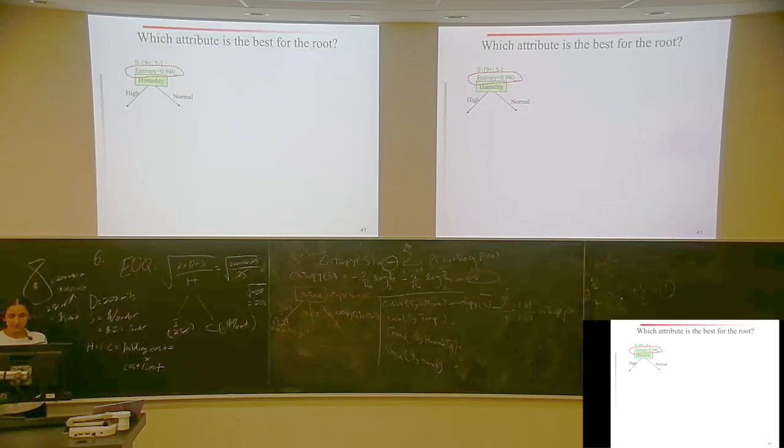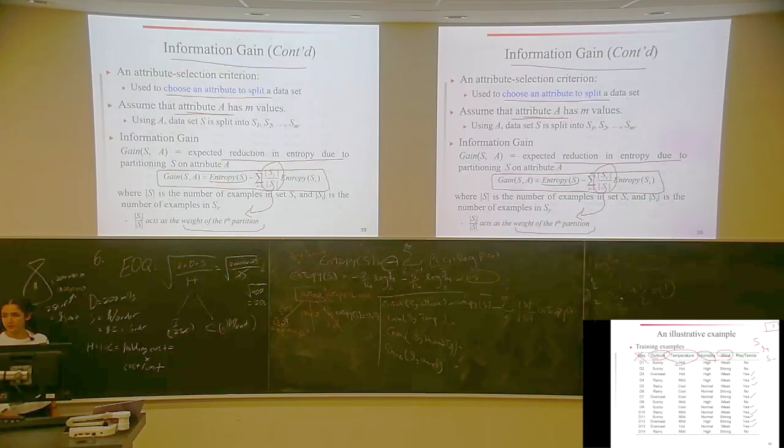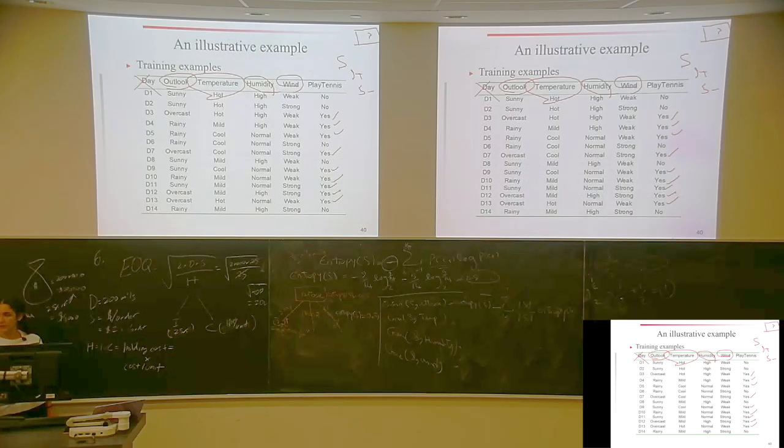And then out of these examples, how many of them belong to, for example, humidity high? So out of 14 examples, how many of them have humidity high? 7. So go here, right? You want to see how many of them have humidity high? 1, 2, 3, 4, 5, 6, 7, right? So we have 7 instances where humidity is high.